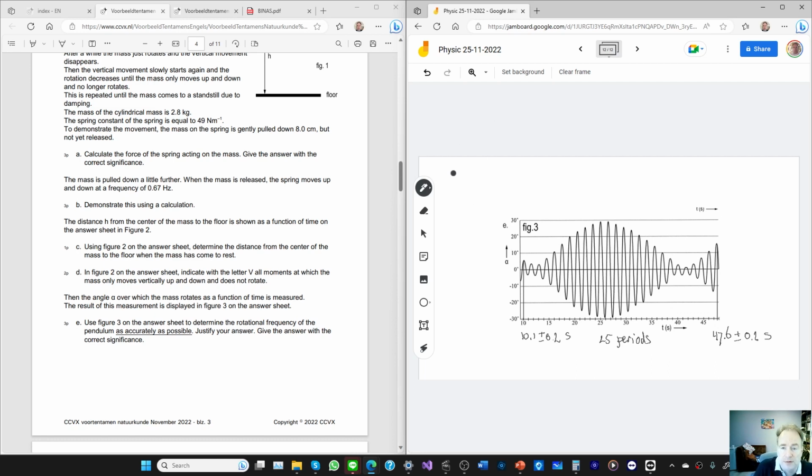So then you can conclude that the period T is 47.6 plus or minus 0.2 minus 10.1 plus or minus 0.2, divided by 25.